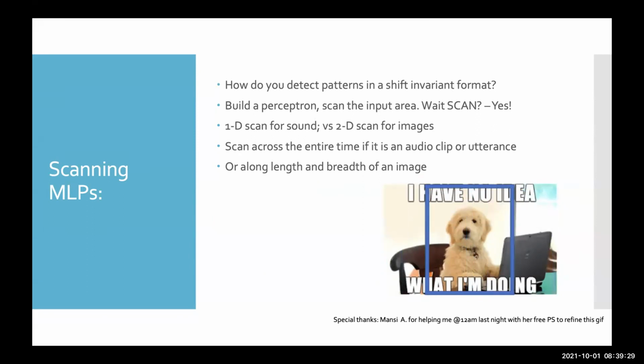And so you would want to scan across the entire image or scan across the entire utterance to find the pattern, because you want to look at every possible instance to see in this frame, does the pattern exist? In this frame, does the pattern exist, et cetera. And so you can see in this image, we're scanning the entire image left to right to find out if a dog exists.